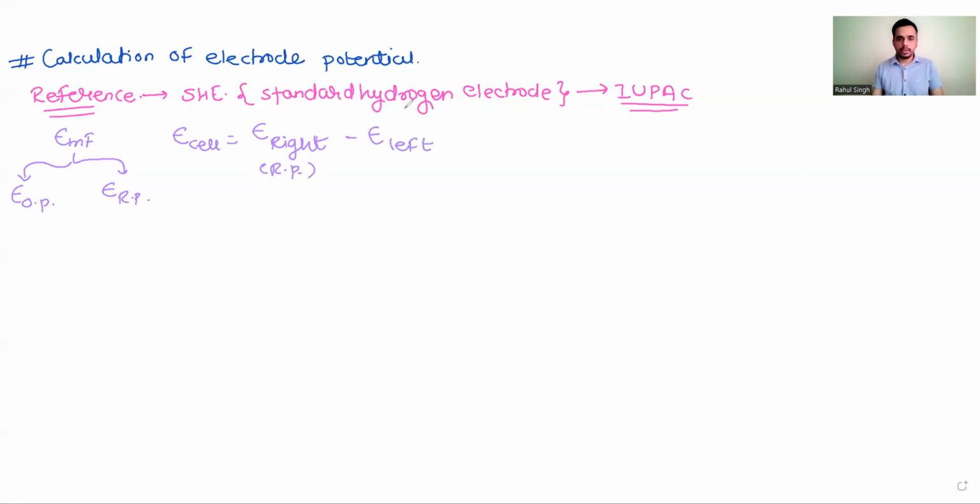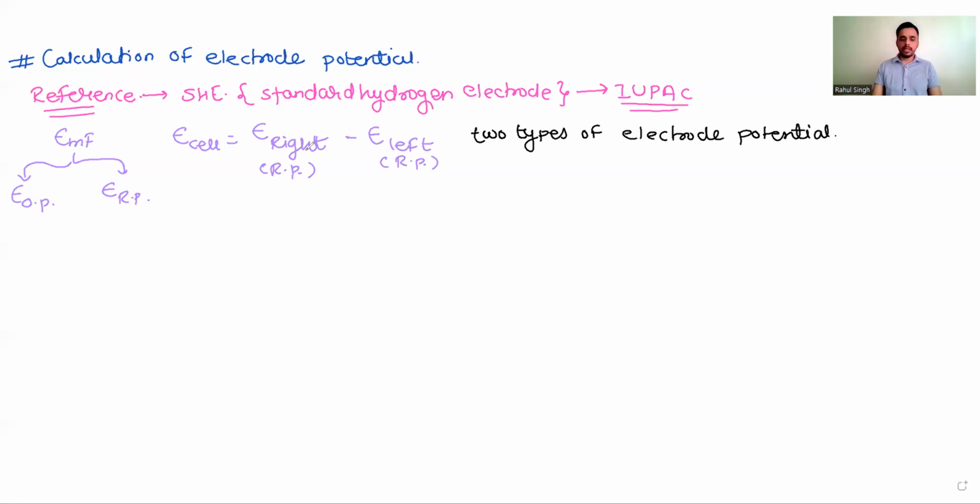So there are two types of electrode potential.